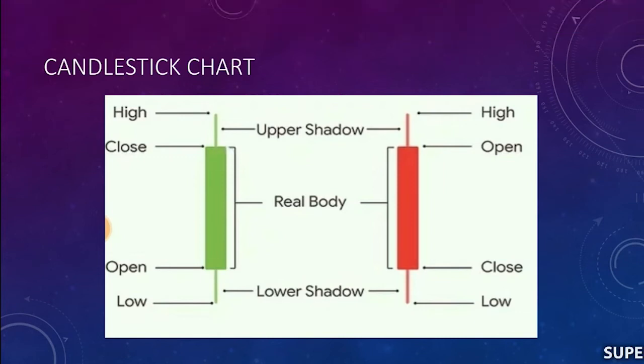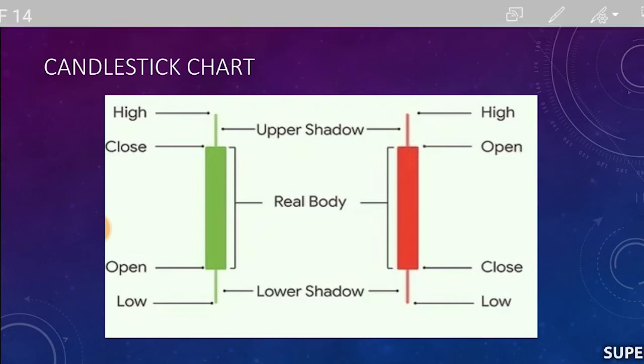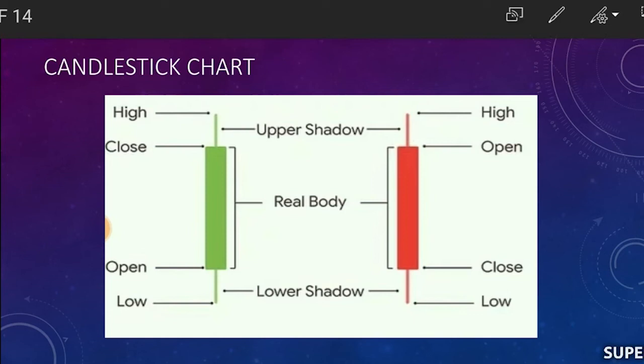So there is an increasing tendency and it indicates a bullish tendency. If the real body's color is red, the upper part of the real body indicates the opening price and the lower part indicates the closing price. So here the opening price is high and the closing price is low. So it indicates a bearish tendency, or decreasing tendency of price.